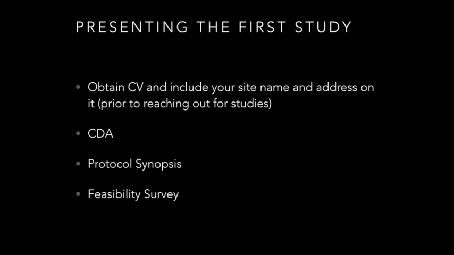These are what they're going to ask you in the next document, usually given concurrently with the synopsis: a feasibility survey. You fill it out and send it back, and if they like your responses, they're going to schedule a site selection visit for you, which we will get into in other modules.